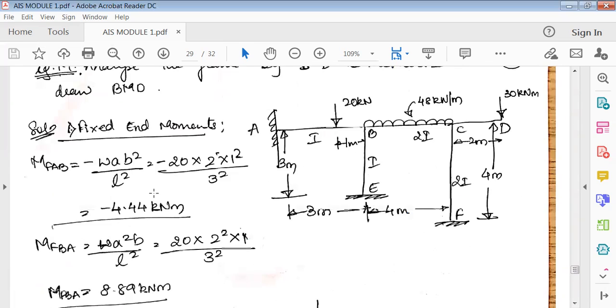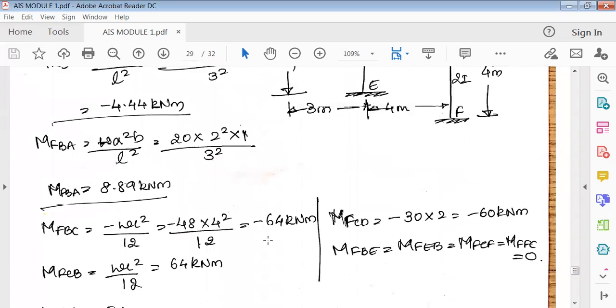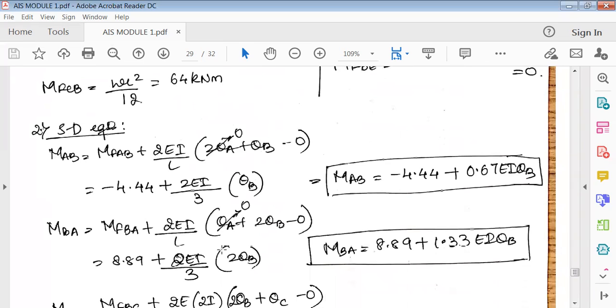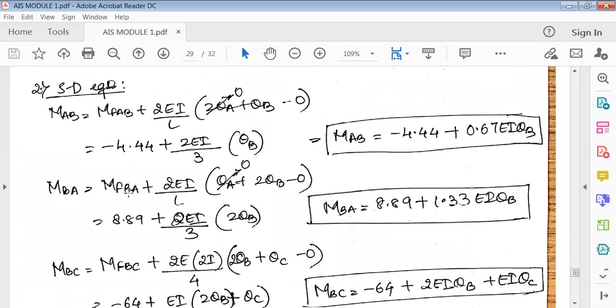Theta A is at the fixed support, so it becomes 0. So MAB is MFAB plus 2EI by L into theta B. This is equation number 1. Similarly, MBA is equal to MFBA plus 2EI by L, theta A plus 2 theta B minus 0. So we get the value of MBA. This is equation number 2.